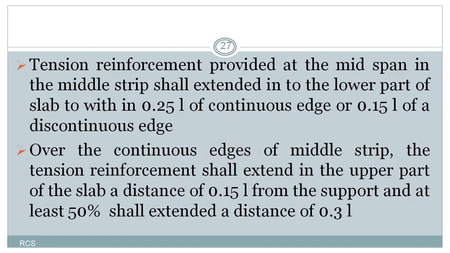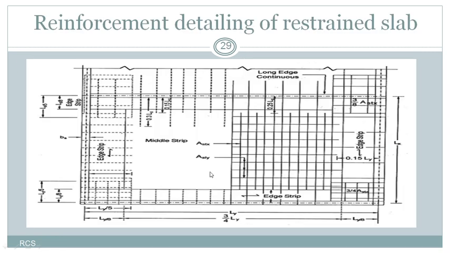Let us see the remaining things. The tension reinforcement provided at midspan in the middle strip shall be extended into the lower part of the slab to a width of 0.25 L at continuous edges and 0.15 L at discontinuous edges. These are related to the detailing of the slab.